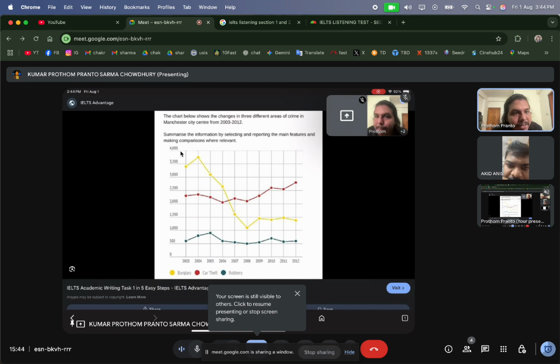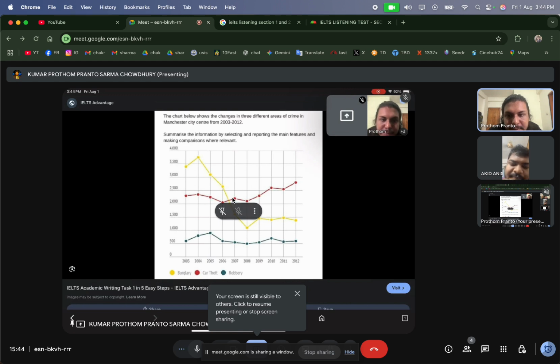You see a pattern, right? So you have to narrow it down. You have to write the information that was given in this question. Summarize the information by selecting and reporting the main features and making comparisons where relevant.